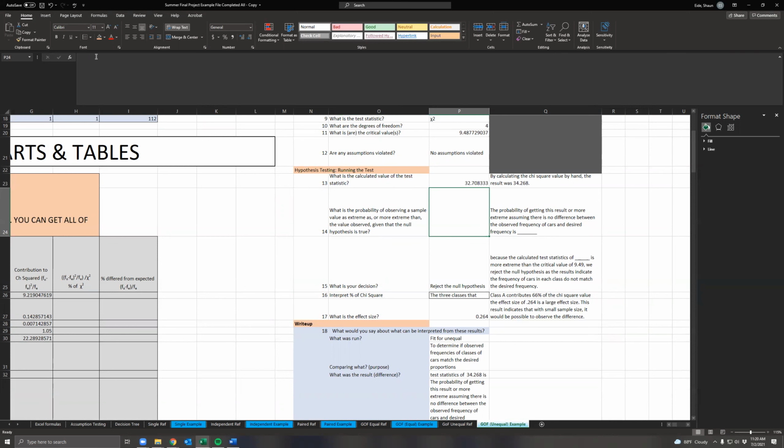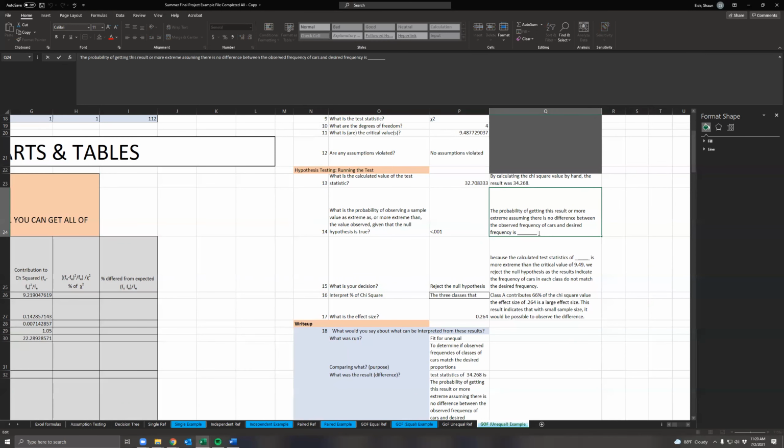And then we're going to do the p-value, or the probability of observing this, which is less than 0.001. The probability of getting these results or more extreme, assuming that there is no difference between the observed frequencies of cars and desired frequency, is less than 0.001. Okay, in other words, the probability is very low.